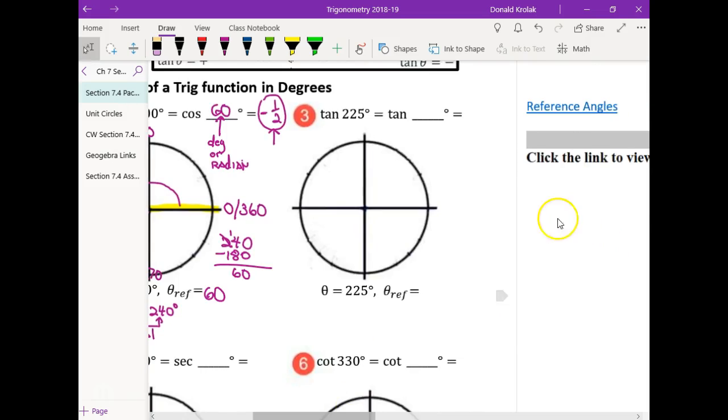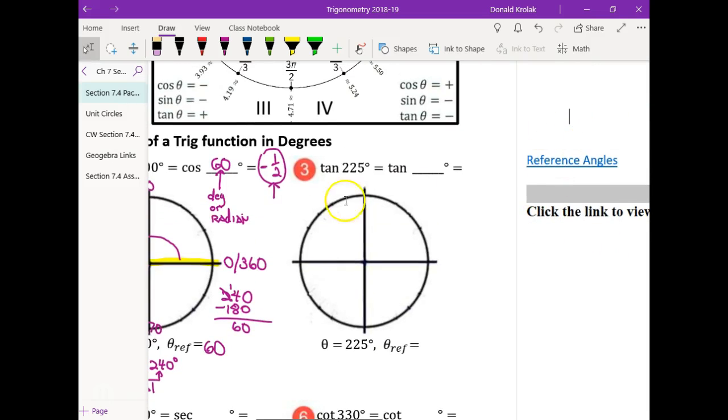Okay, 225, find the tangent. Okay, Marcus, where are we? 225.